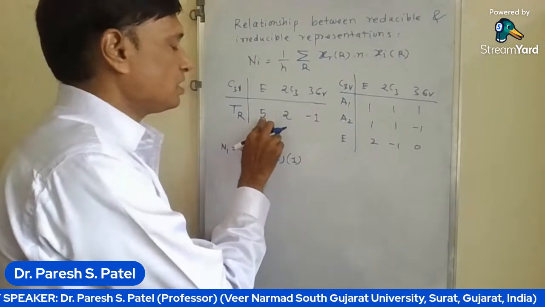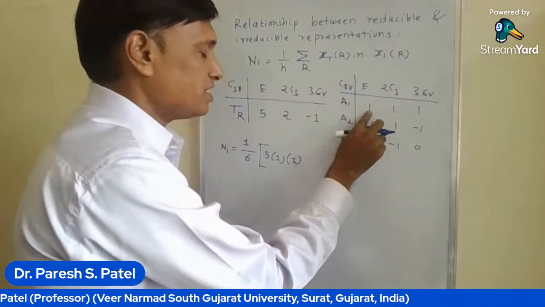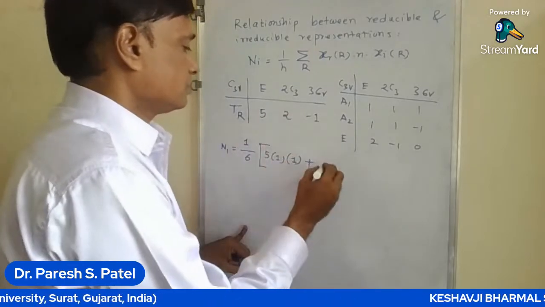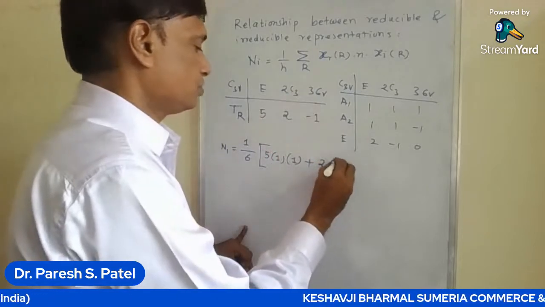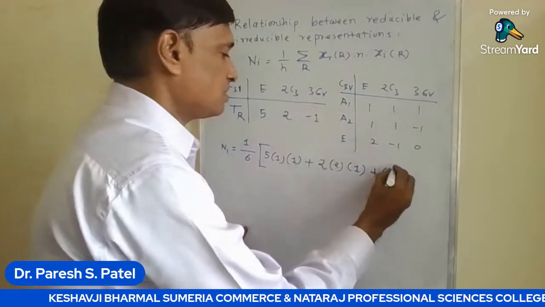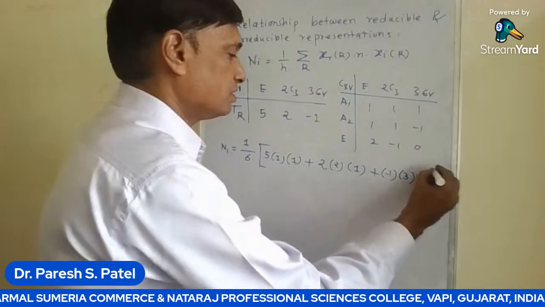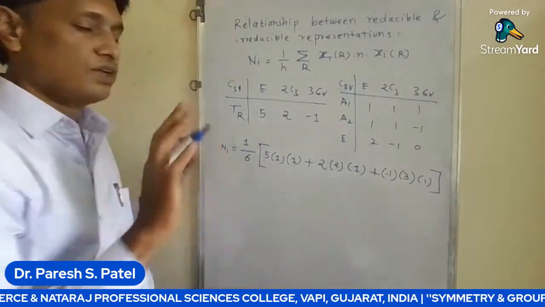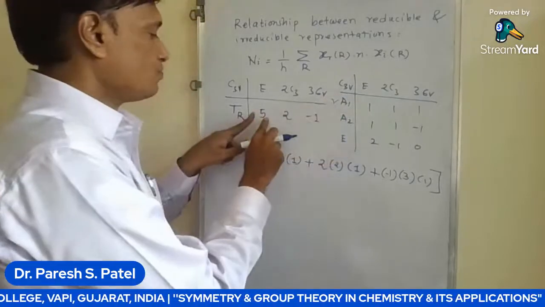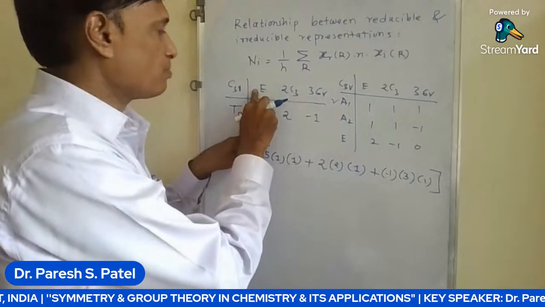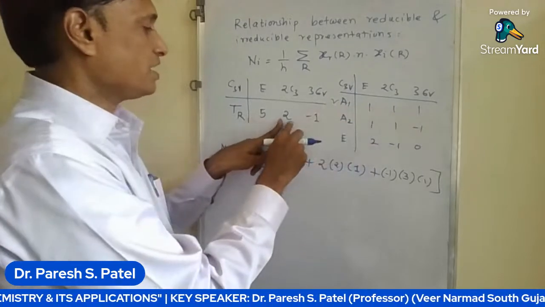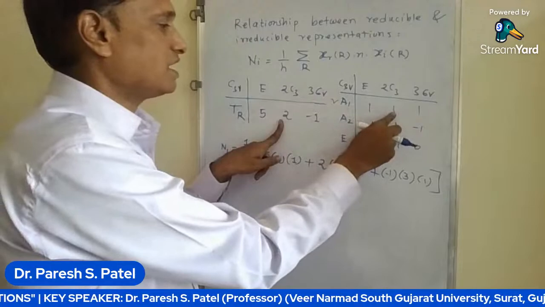So 5 is the reducible character, 1 is the number of operations, and this 1 is the irreducible character, plus 2, 2, and 1, plus minus 1, 3, 1. Let us start first with the one which corresponds to A1.